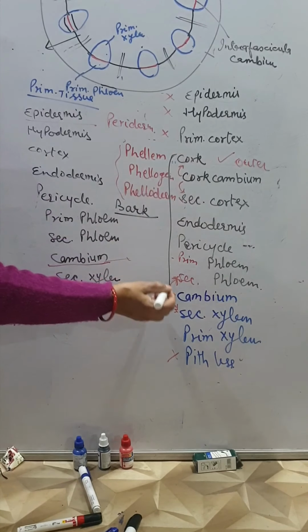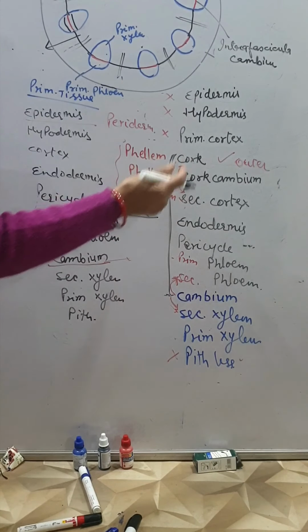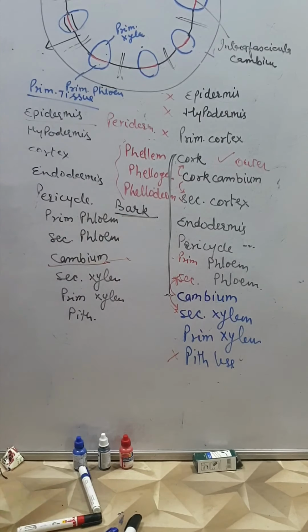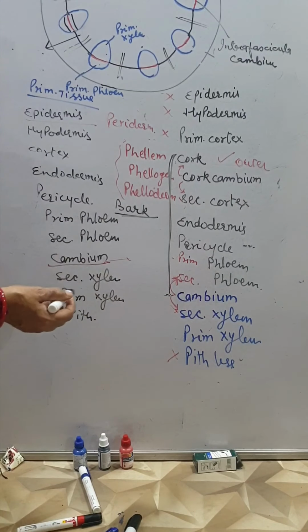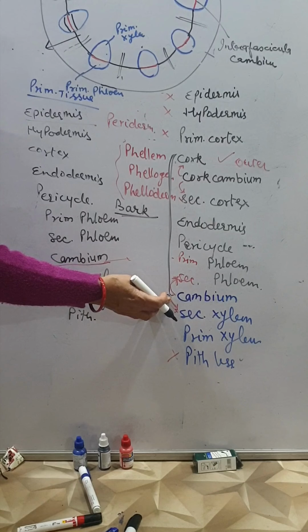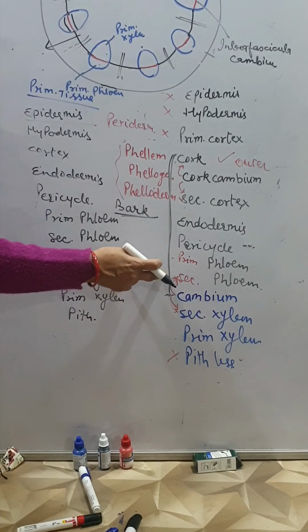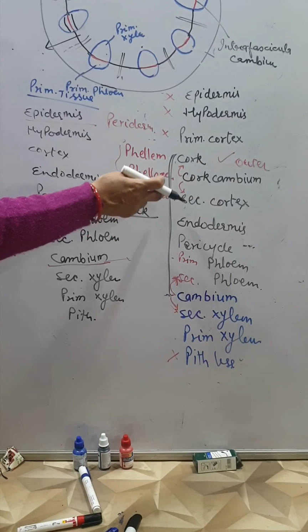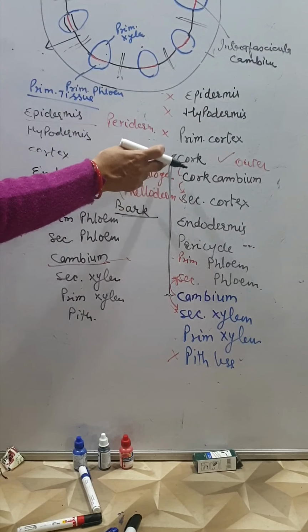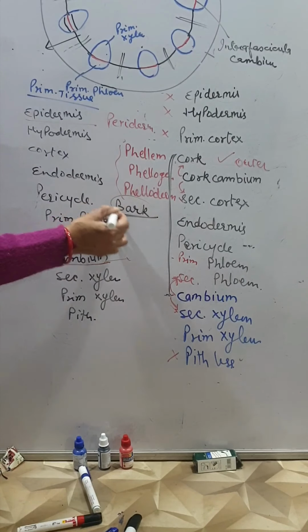It means the tissues outside the vascular cambium form the bark. It is not a particular tissue; it is the tissues found outside the vascular cambium: secondary phloem, primary phloem, pericycle, endodermis, secondary cortex, cork cambium and cork. These tissues form the bark.